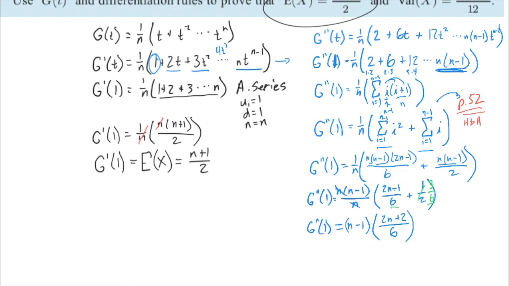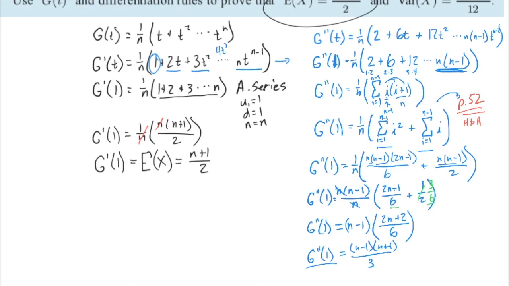Now, if I put all that together, do the reductions, it doesn't matter when you divide by the 2, I should then end up with g double prime of 1 equals n minus 1, n plus 1. The 2 and the 6 will cancel out to give me 3, just like that. So now I've got g double prime of 1.